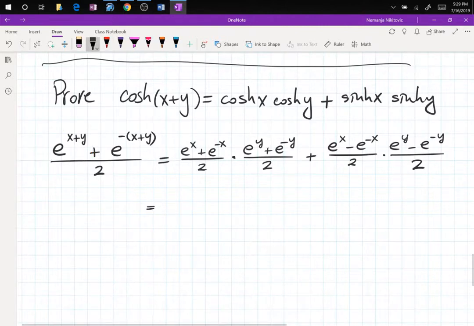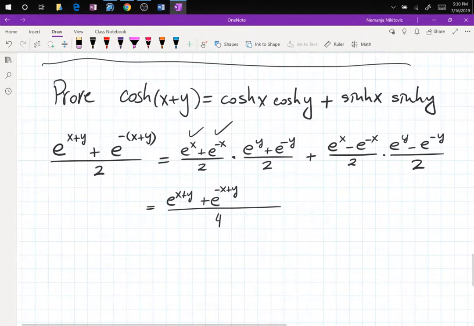So, first off, I have the denominator, which is 4, that's cheap. And now multiplying here, I have e to the x plus y plus e to the minus x plus y. So that's both of these being multiplied by e to the y.